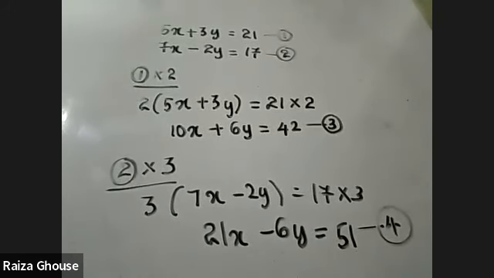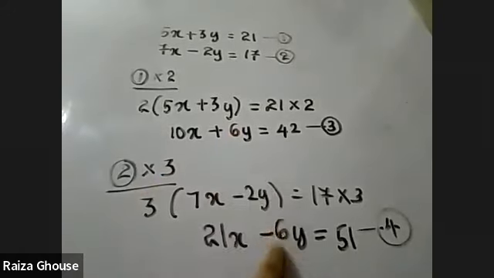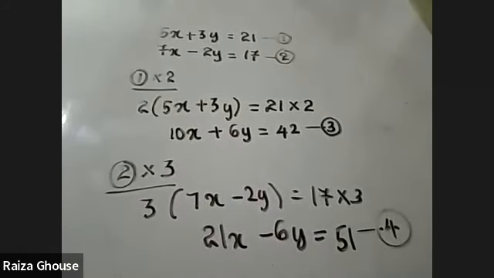Now what you have to do, take the third and fourth equation and you have to add the third and fourth equation because same coefficient, different symbol. If you have same coefficient and different symbol, you have to add the equations. So now I'm going to add my third and fourth equation.